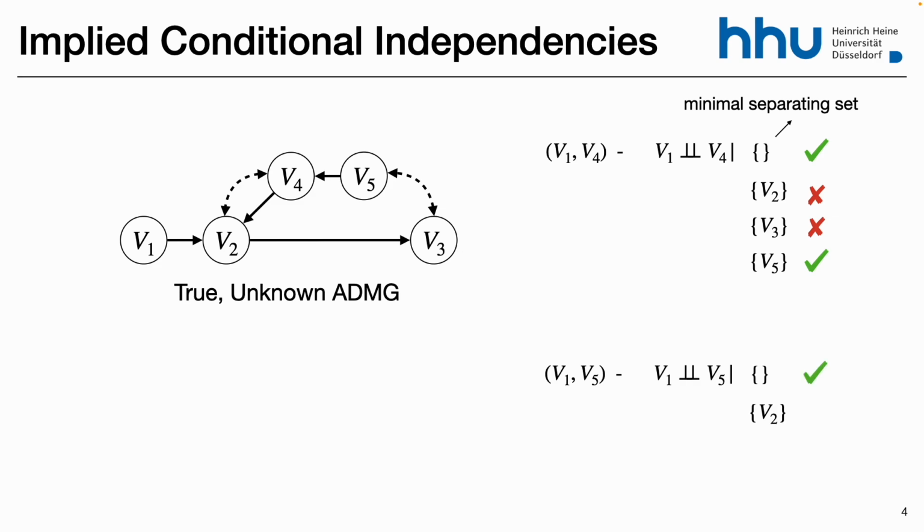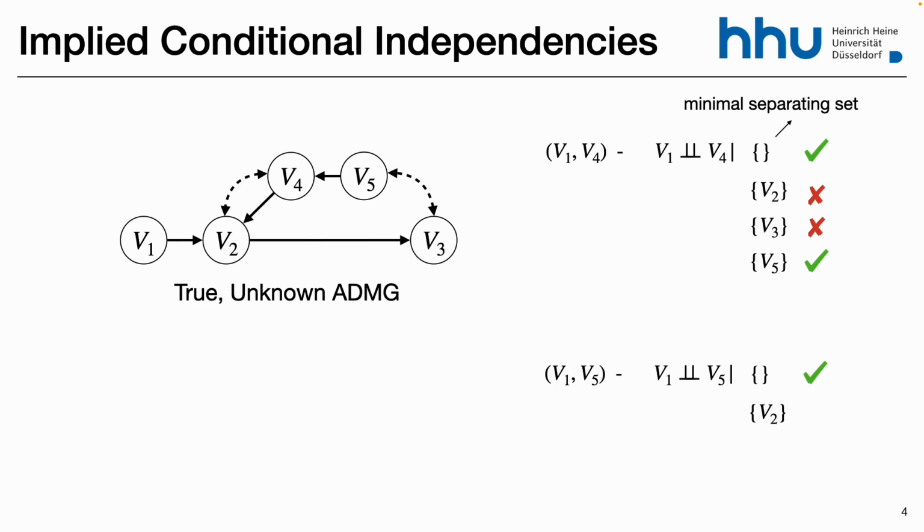What about if I condition on V2? You just need to find one path that's open when I condition on V2, or make sure that no path is open conditioning on V2.